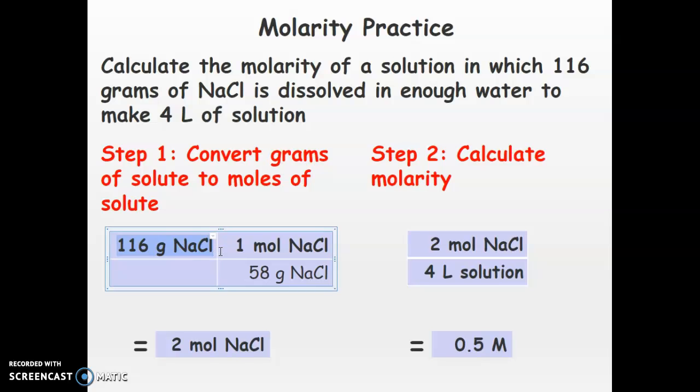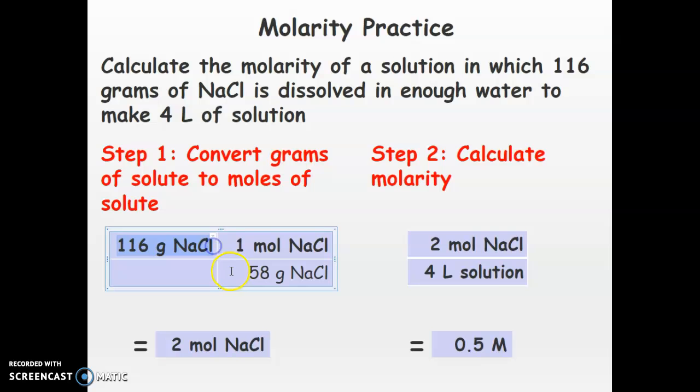Then, using the periodic table, you will calculate the mass for sodium chloride. Sodium is 22.99, and chlorine is 35.45. If we use the whole numbers, 35 plus 23, we would get 58 grams. So that's just using our periodic table how we've used it in the past. That's your molar mass.